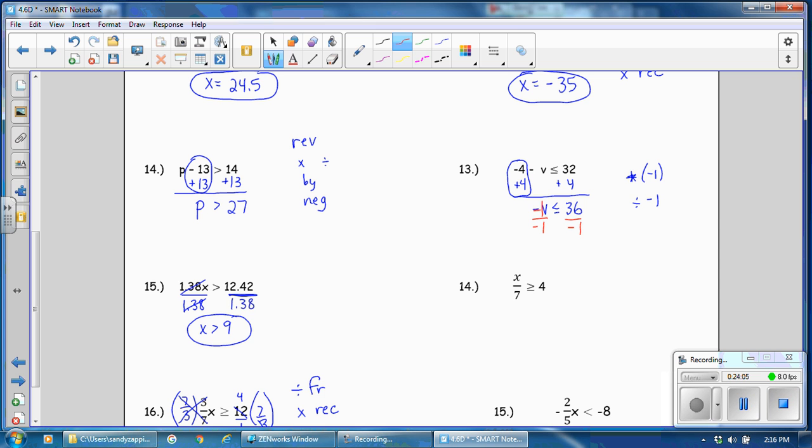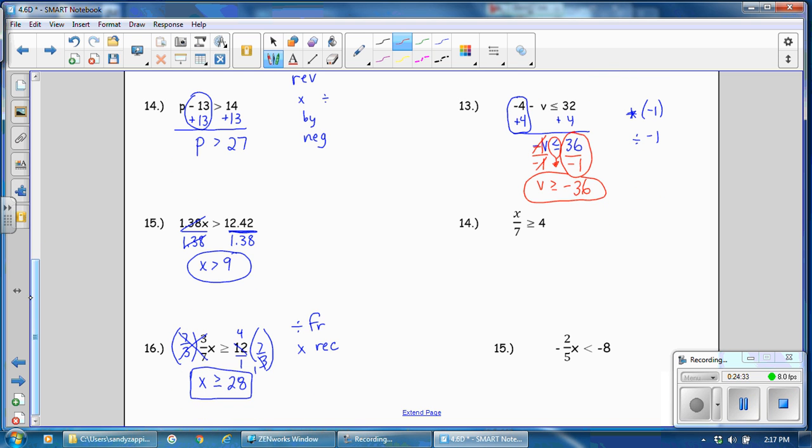A number divided by itself is 1, and 1 times v is v. Since we are dividing by a negative number, we must reverse the inequality symbol. So instead of less than, it is greater than or equal to. Then, a positive divided by a negative is a negative, and 36 divided by 1 is 36. The solution is all numbers greater or equal to negative 36.